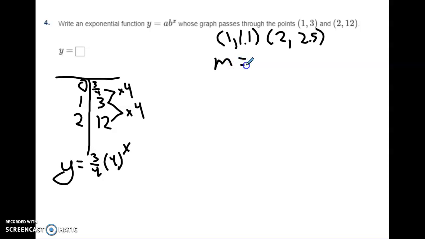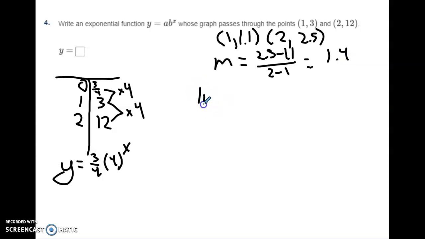Now, the next thing I do is I find the slope. And the slope of these 2 points is 2.5 minus 1.1. I do the difference of the y's over the difference of the x's. And I get 2.5 minus 1.1 is 1.4 divided by 1, so it's just 1.4. And then I put it in this equation.